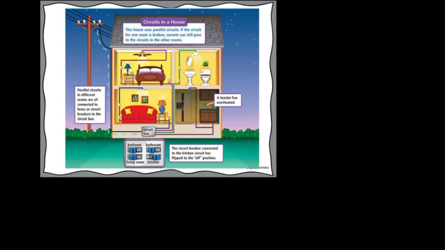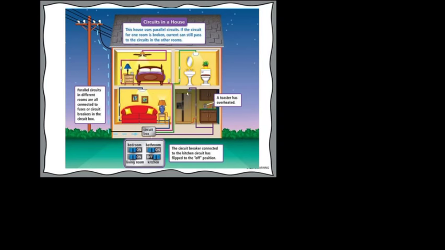But the shutdown is localized to your kitchen. Because your house runs on parallel circuits, you have several alternate pathways. Every room in your house is connected to a different pathway.